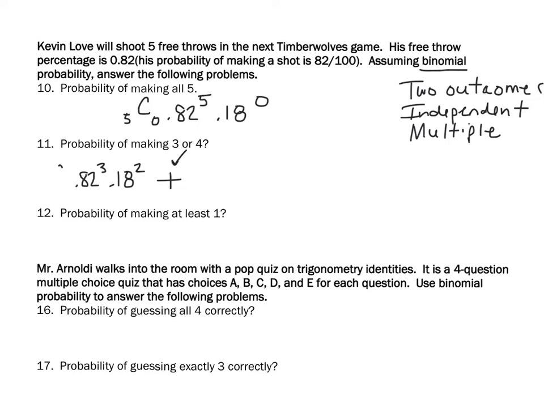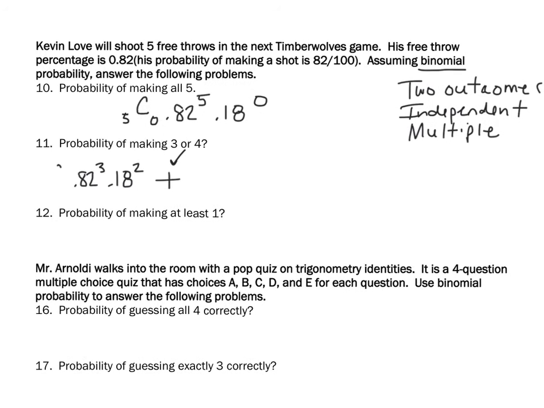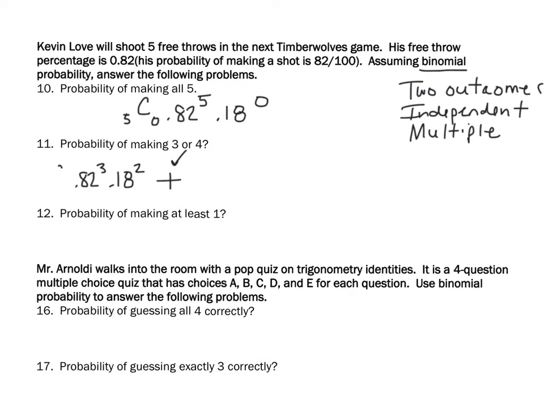His combination in front would be combination 5 choose 2, or 5 choose 3. His probability of making 4 would be .82 to the 4th power, .18 to the 1st, and combination 5 choose 1. And then we would add these together.